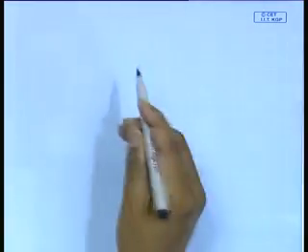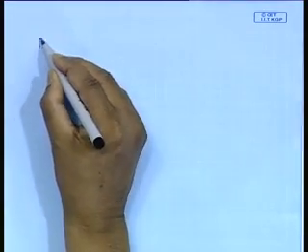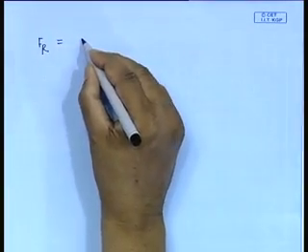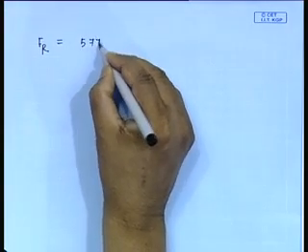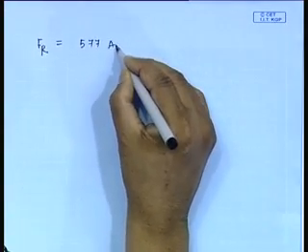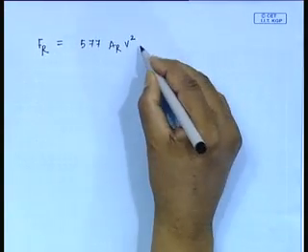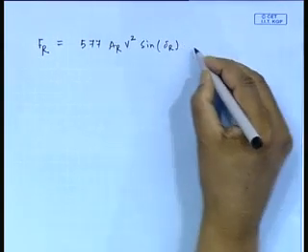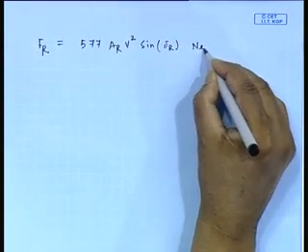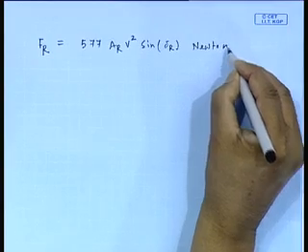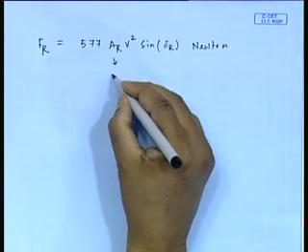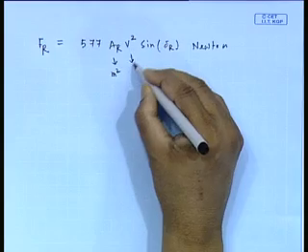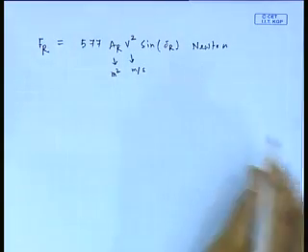One of these old formulas, for example, says simply that it is 577 based on AR V square sine alpha, in Newton, when AR is area in meter square, and V is of course speed in meter per second.